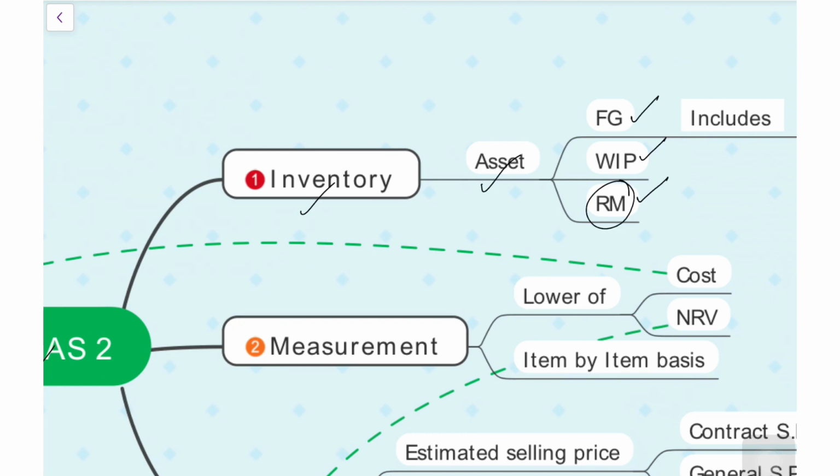The second is the cake when it is half baked also. Okay, when it is in work in progress also, that also will be included in your inventory. And definitely once a cake is made completely and when it is ready to sell, that will also be included in your inventory. So all the three forms, your raw material, your work in progress and your finished goods, all the three forms will be included in your inventory, right?